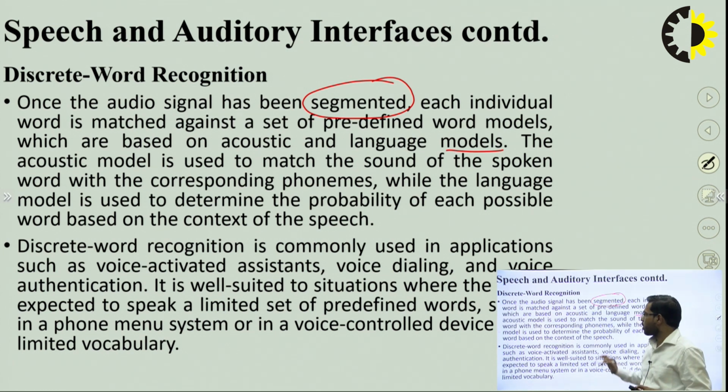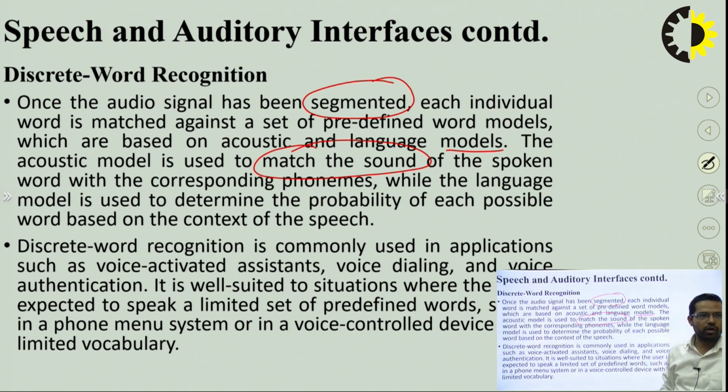The acoustic model is used to match the sound of the spoken word with the corresponding phonemes, while the language model is used to determine the probability of each possible word based on the context of the speech. This discrete word recognition is commonly used in applications such as voice activated assistants, voice dialing and voice authentication.